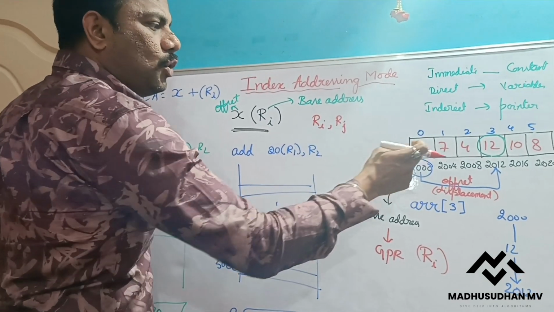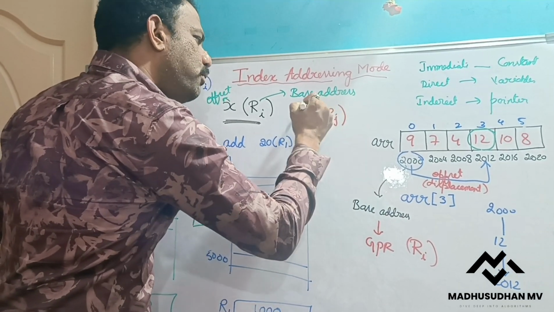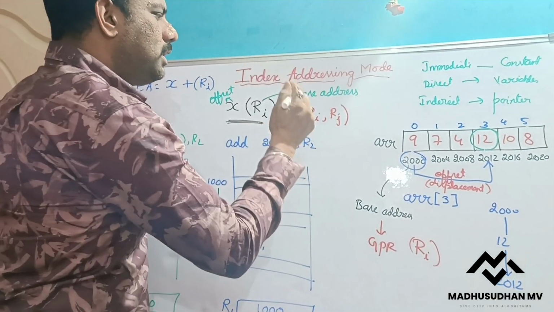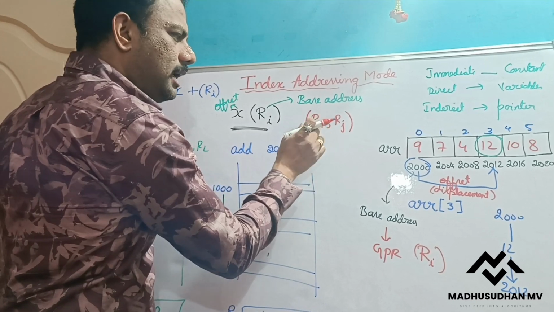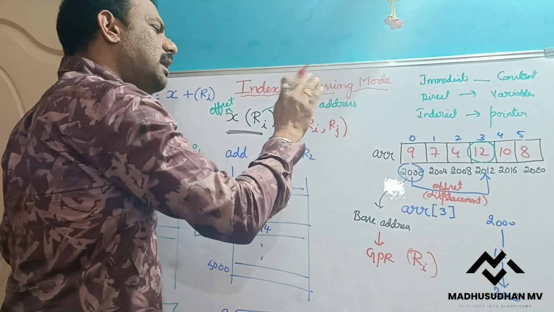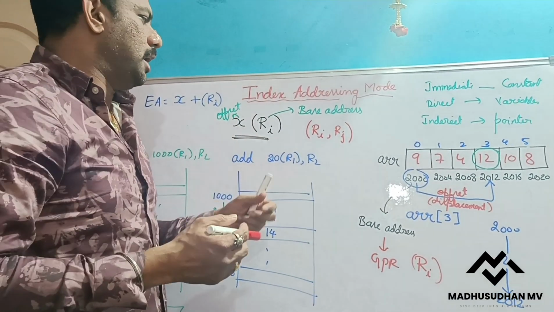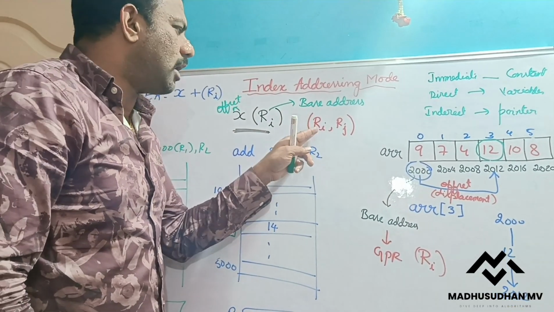Both are addresses, because one is the offset address and another is the base address, so I write both within the brackets. Either I store the base address in Ri or in Rj, and the other holds the offset address. It is not compulsory to store the base address only in Ri. You can store the offset address there.